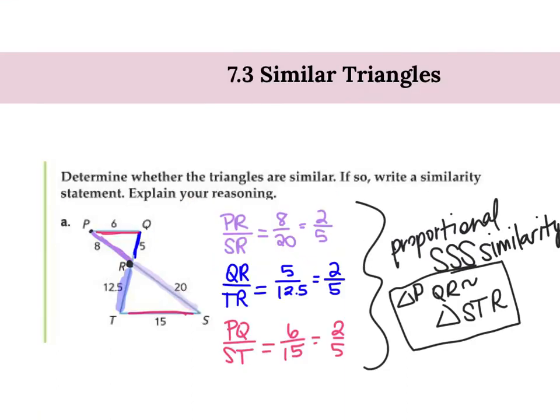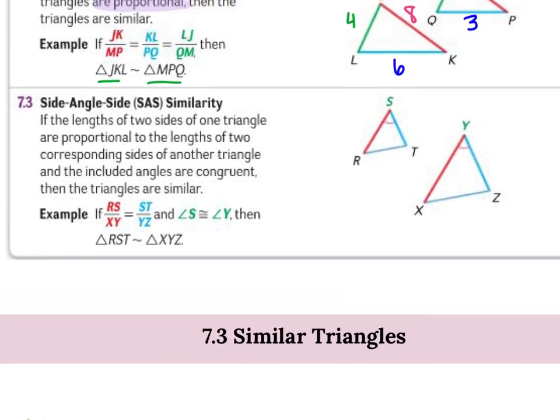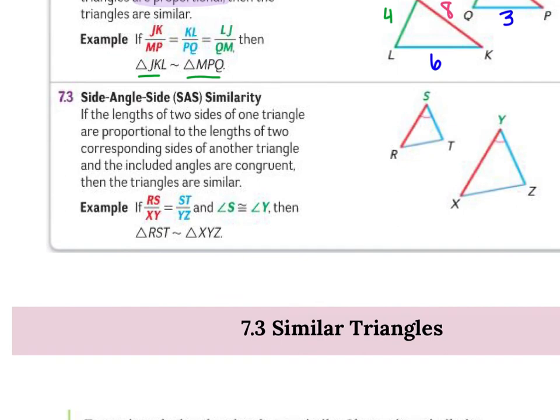Okay, last theorem for the day, we're going to be looking at side angle side similarity. So like side angle side congruence, we're looking at two sides and an included angle. Okay, but in this one, if the lengths of two sides are proportional and your included angle is congruent, then you'll know that your triangles are similar.